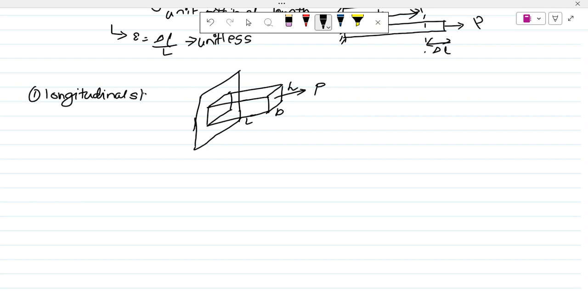Longitudinal strain is change in length by original length. We define the term longitudinal, which is parallel to the direction of force applied.